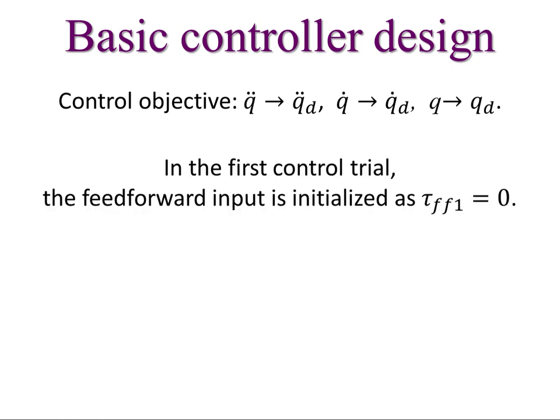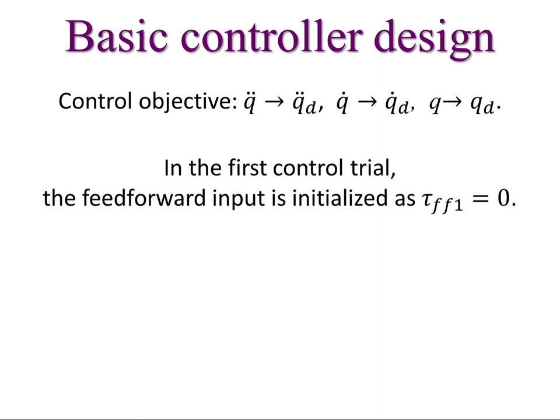In iterative learning control and repetitive control, the feed-forward input tau FF is learned through control trials. The feed-forward input tau FF1 on the first control trial is initialized using an arbitrary time function.